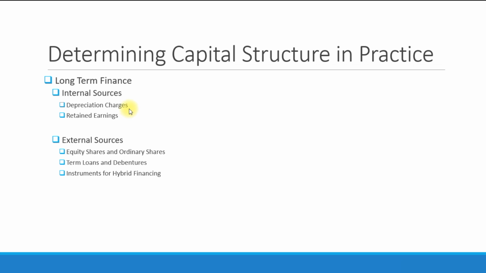Depreciation charges replace concerned assets, which are mostly fixed assets subject to depreciation every year. The only other internal source is retained earnings, and as such it is one important long-term financing method. Retained earnings are a source of long-term financing. They are available to the firm.